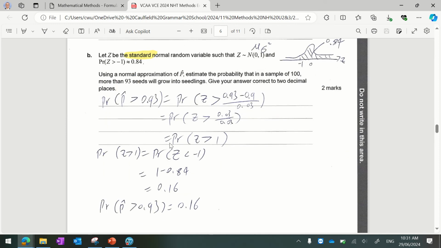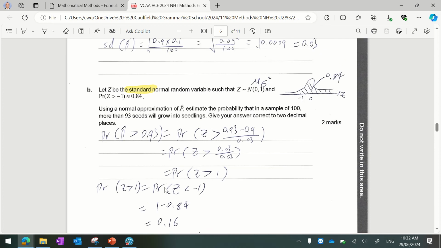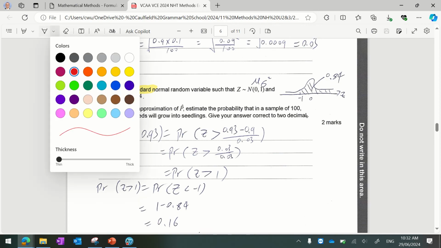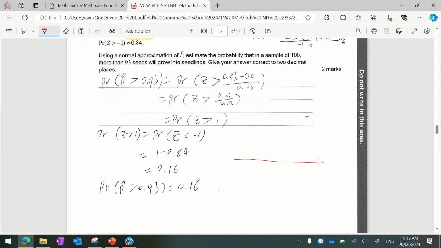But P of Z bigger than 1 is going to be equal to P of Z less than -1 because it's symmetrical, right? So in this graph here, let me actually draw it again. On the Z scale, 0 is in the middle, -1 and 1, it's symmetrical. When I want Z bigger than 1, over here, this is the area.